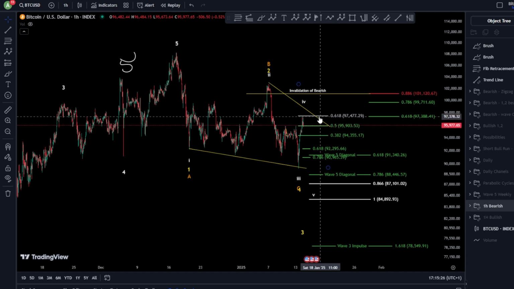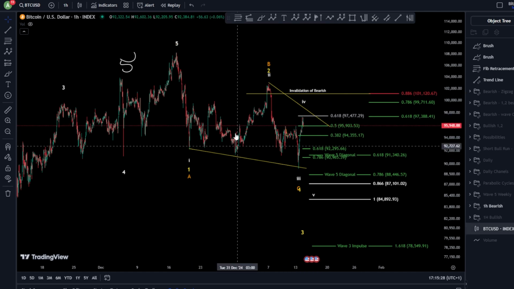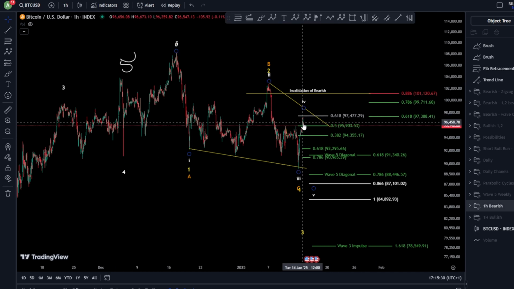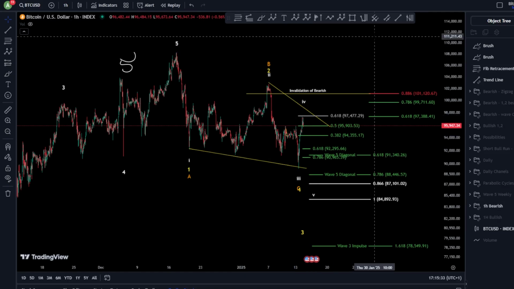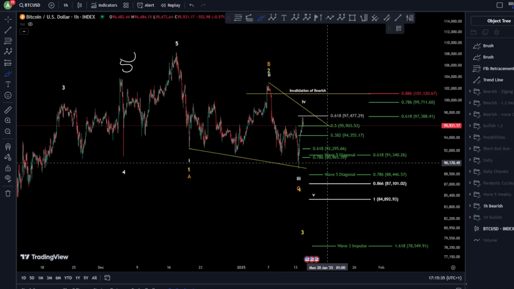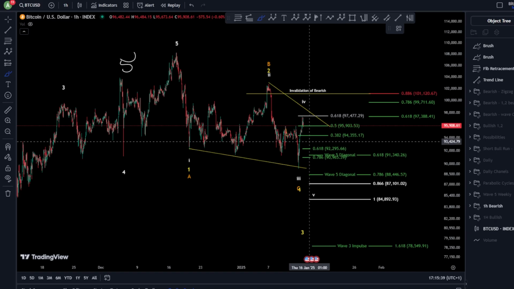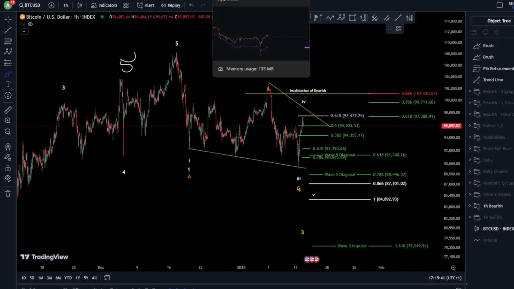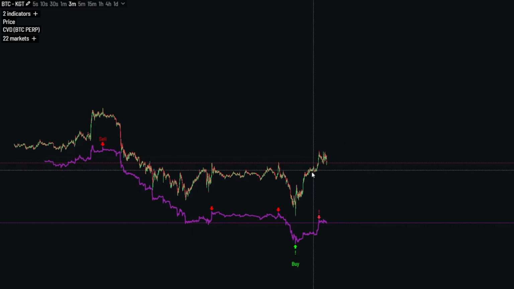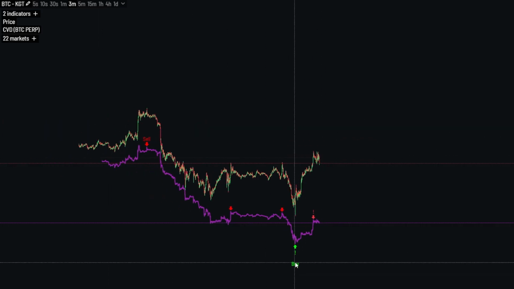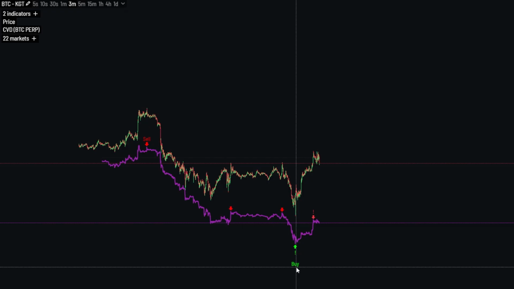As an Elliott wave analyst, there are a lot of scenarios in these waves that might unfold several bigger scenarios. One of them is bullish, one of them is bearish. So let's wait and see what's going to happen. Higher probability for the next few minutes or hours: we are looking here at a buy signal down, as you can see on the 3-minute chart.